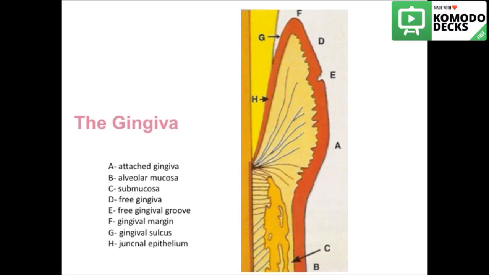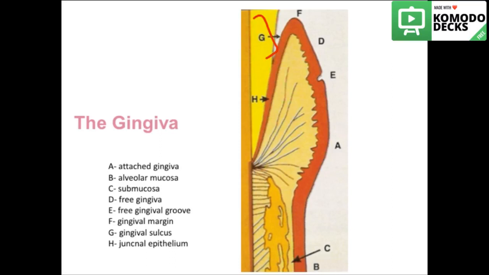Next is a schematic representation of the gingiva, starting with the alveolar mucosa, which has a thin, elastic submucosa binding directly to the periosteum, then the attached gingiva, the exterior part of the gingiva attaching to the bone using multiple principal fibers in the submucosa.